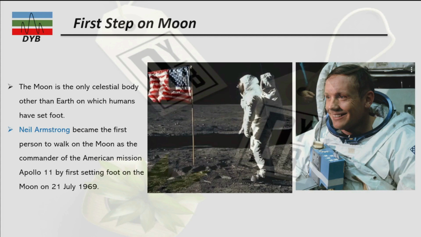The guy's name is Neil Armstrong, the first person to walk on the surface of the moon. He was the commander of the American mission Apollo 11, and he stepped on the moon on 21st July 1969.